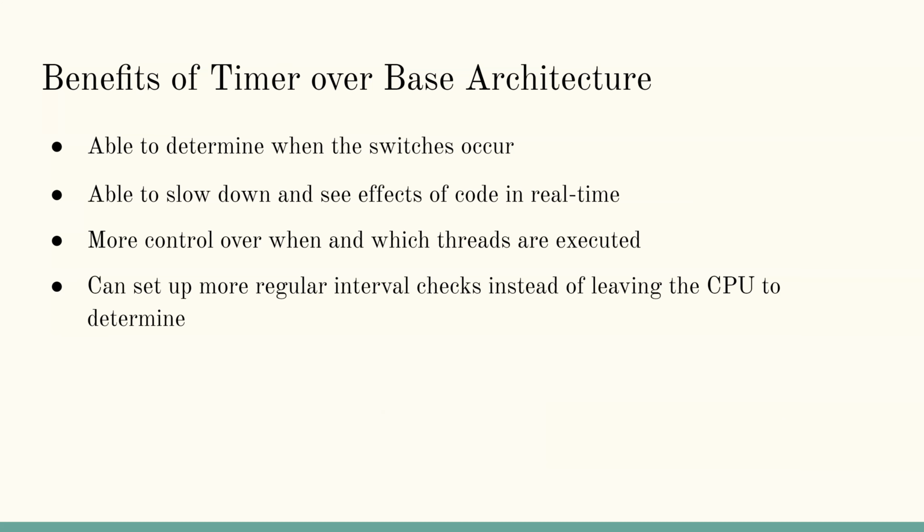For every cycle, it'll just keep going on forever. And at least when we have the timer on, we're able to kind of control exactly when we want to have these threads occur.